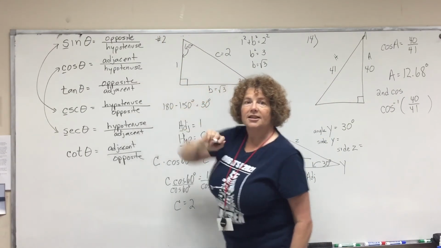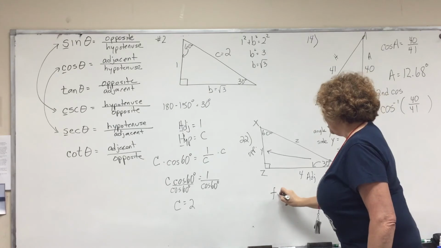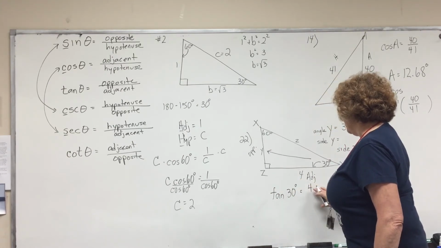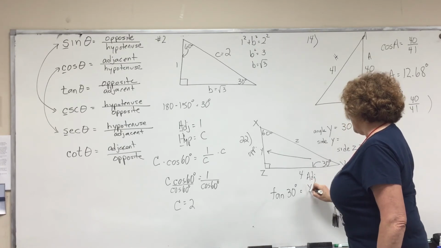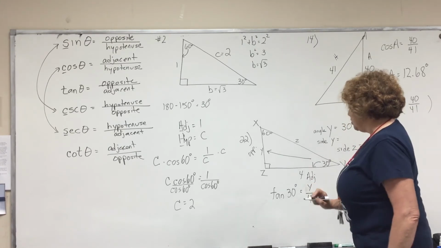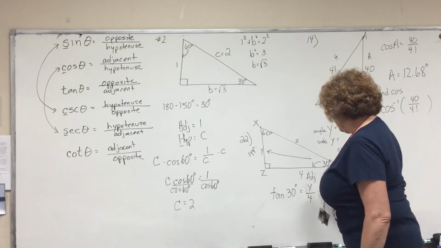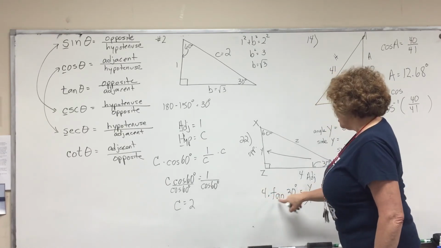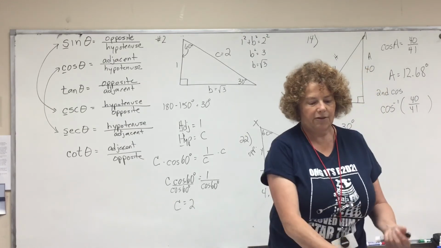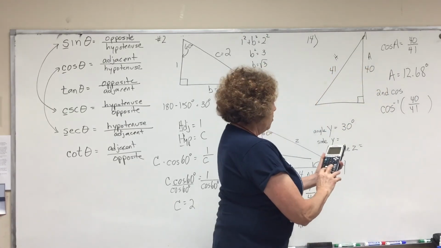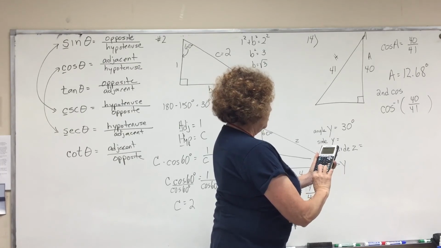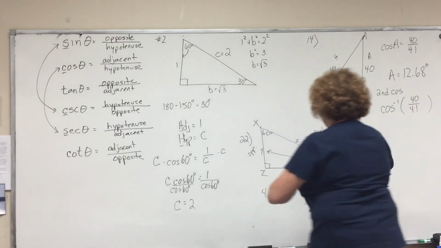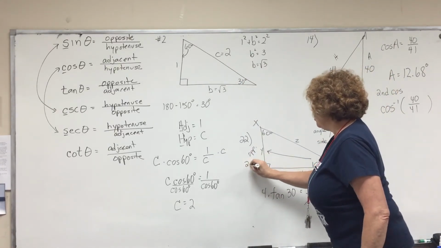The tangent. So let's say the tangent of 30 degrees equals y over adjacent, which is 4. So now we just multiply both sides by 4. So this will cancel. 4 times the tangent of 30, you can easily find on your calculator. 4 times tangent of 30, and you come out with 2.31. So y is 2.31.